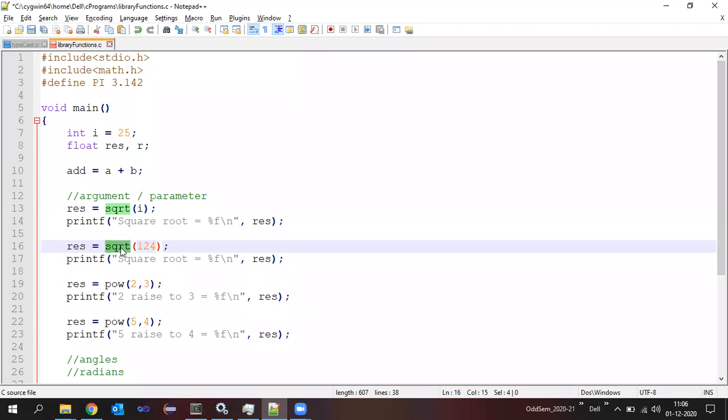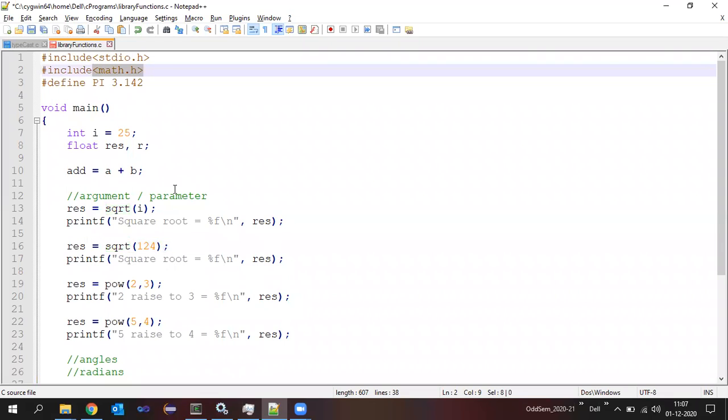This SQRT function is present in the math.h header file. That's why we are including this one. If this SQRT were present in the stdio.h, then we need not include it. But here this SQRT function is present in the math.h header file, so we are including it. Does that answer your question? Yes, sir. Thank you.